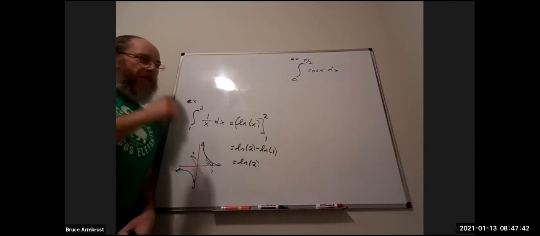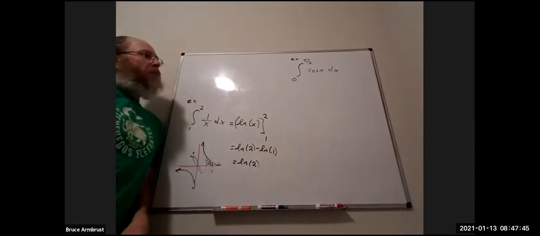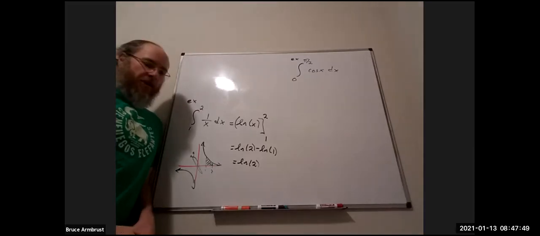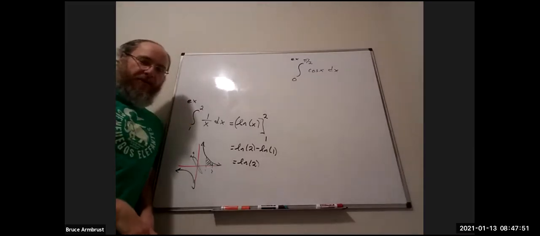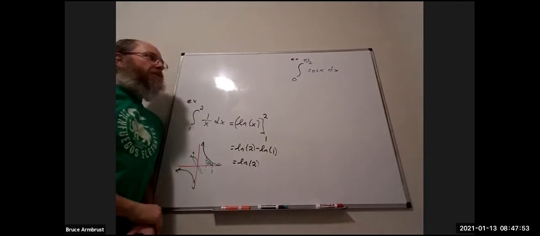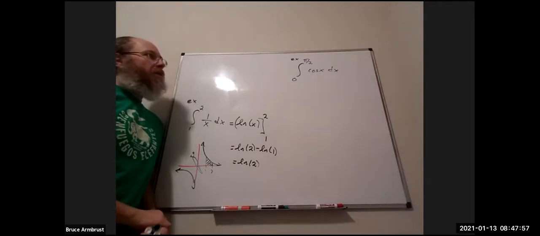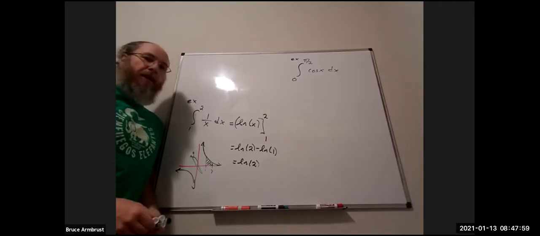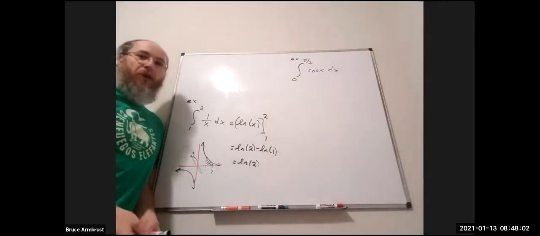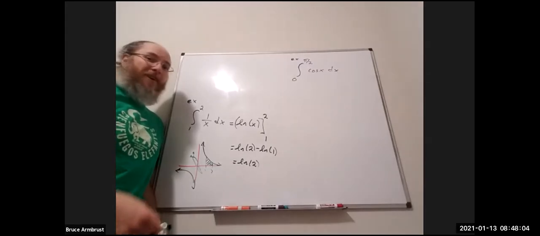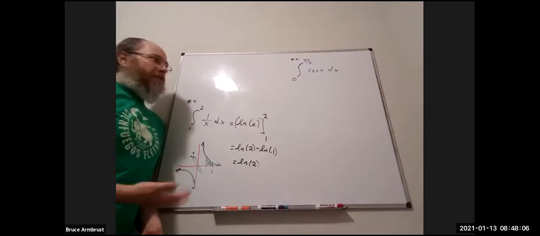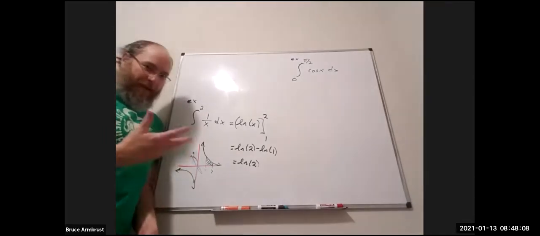You all know what cosine looks like, hopefully. And so we're just going to see what we get when we go from 0 to pi over 2. Again, we could do Riemann sums, but you don't want to, because you're going to have some sort of i over n inside of the cosine that you're then adding up.